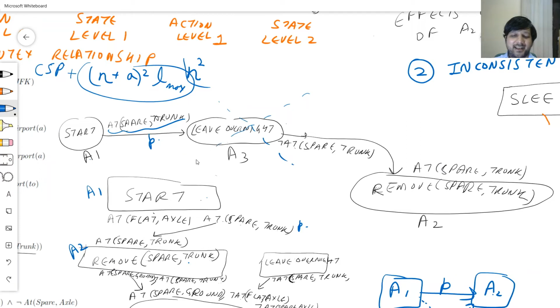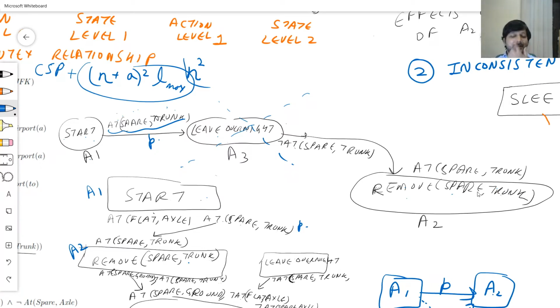Again, leave overnight produced not at spare trunk. Start was achieving at spare trunk for remove spare trunk. Hence leave overnight is a threat to start achieving at spare trunk for remove spare trunk.